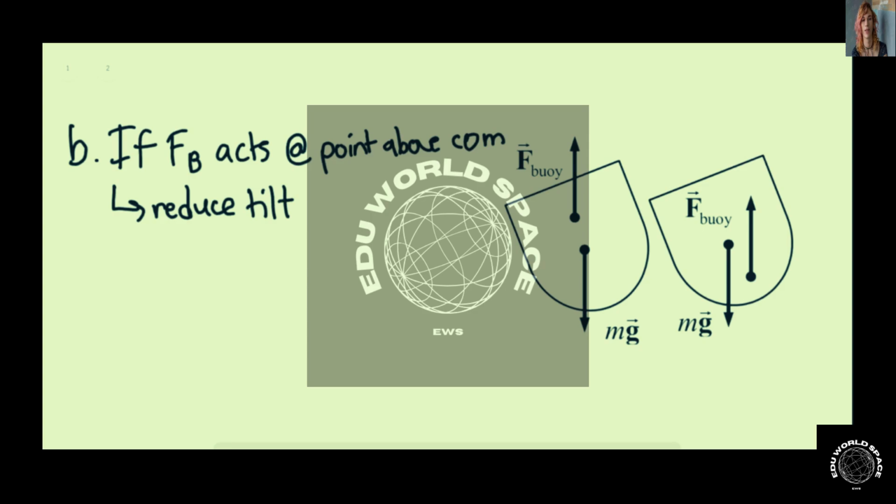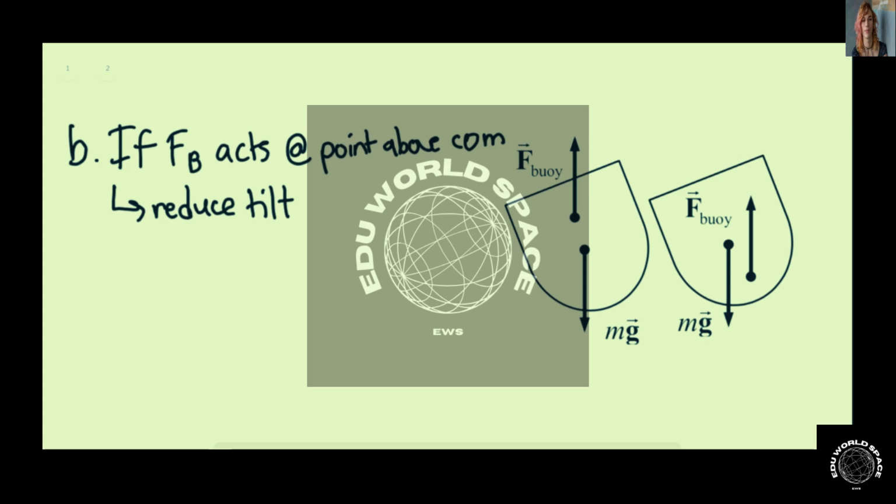It tends to reduce the tilt because, as you can see, this would cause somewhat of a clockwise rotation, and we could then say that the tilt would be reduced.